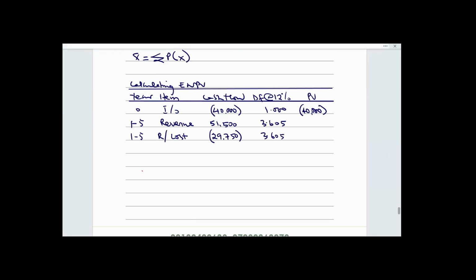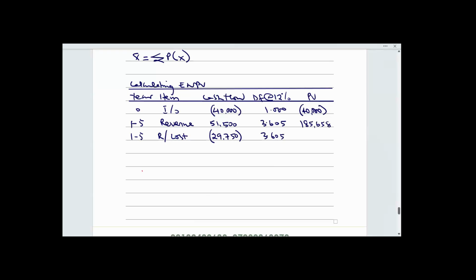Therefore, I multiply 51,500 by 3.605, which equals 185,658.